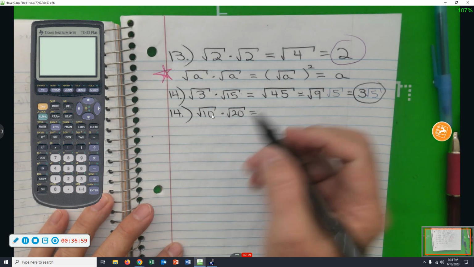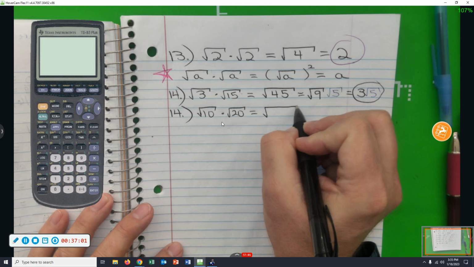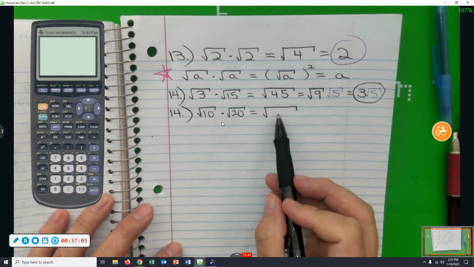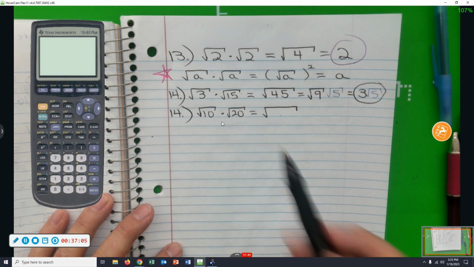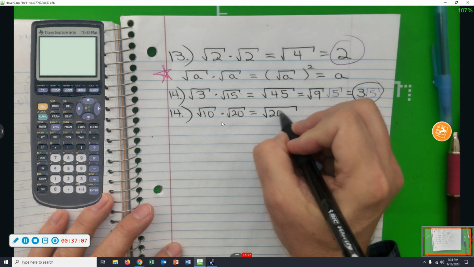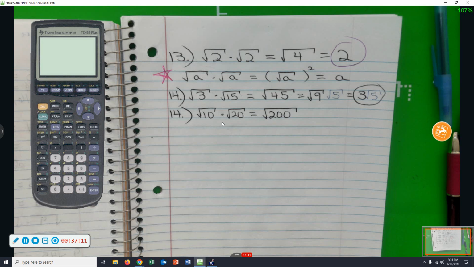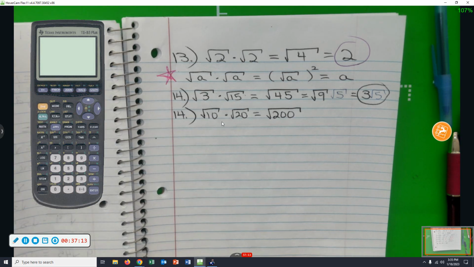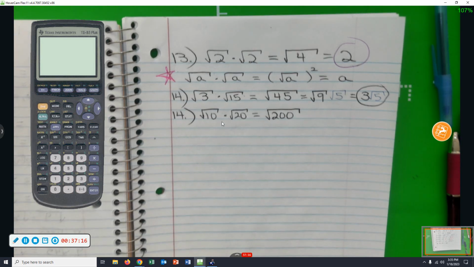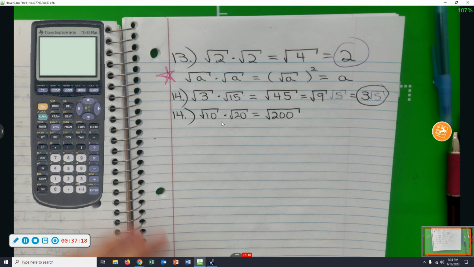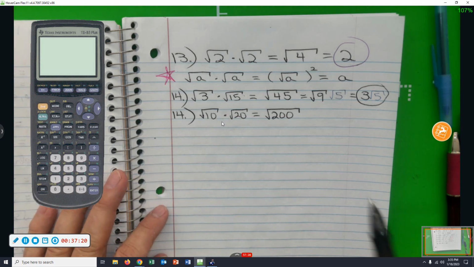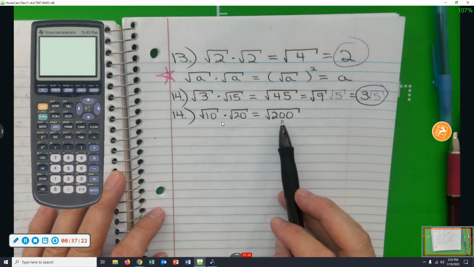Okay, to multiply square roots, we keep the square root. What are we going to have under here? 10 times 20 is 200. You could get out your calculator, or do it the old-fashioned way. I'm going to do it the old-fashioned way. What's the largest perfect square that divides into 200?